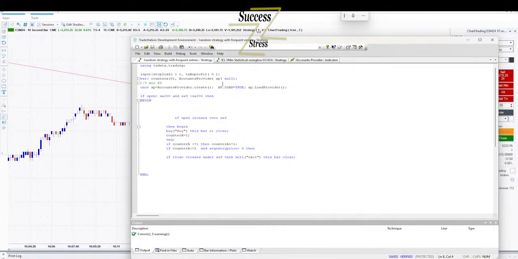All right, so if open crosses over the 9-period moving average, open is over the 200 and the 9-period is over the 200 period, then open crosses over the 9-period moving average, we can buy, or close crosses under and sell.